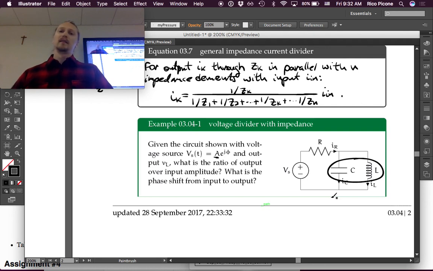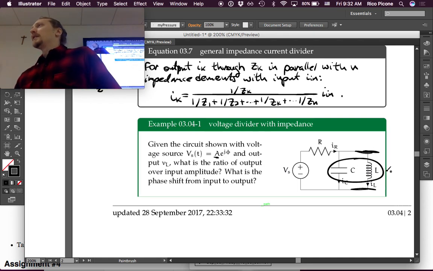And then we can see that this is just a series impedance between this resistor and this combined impedance. When we combine these two in parallel, we don't lose the voltage across it, which is the output that we're interested in, right?